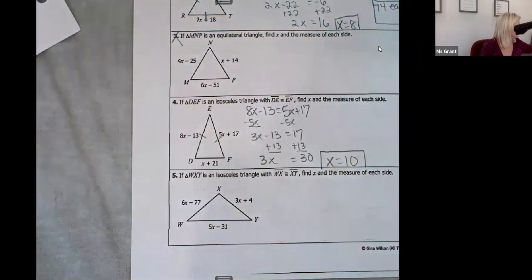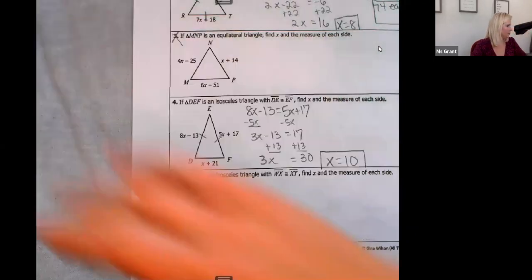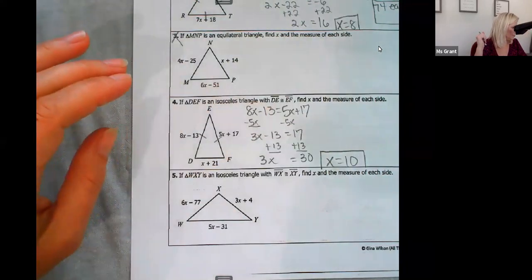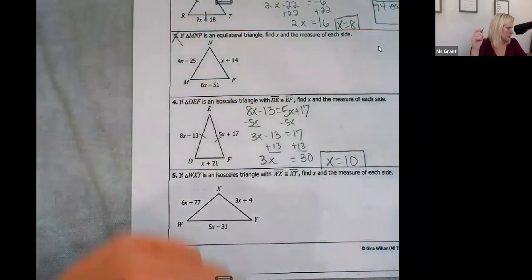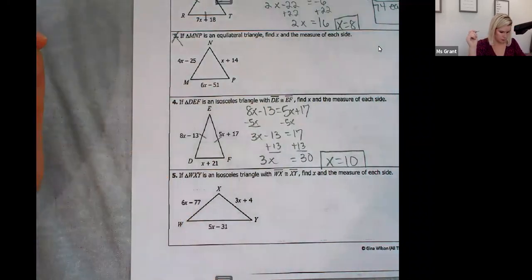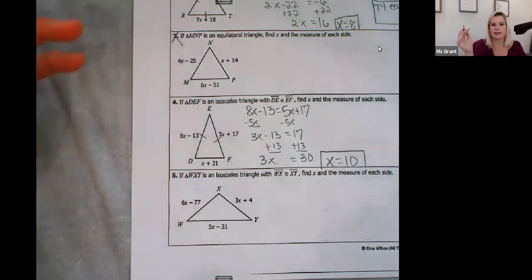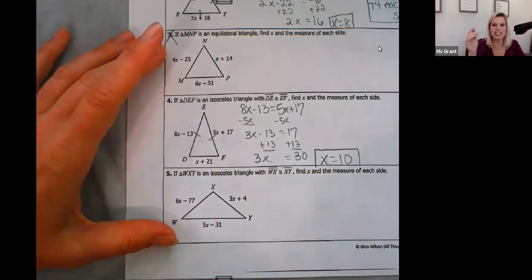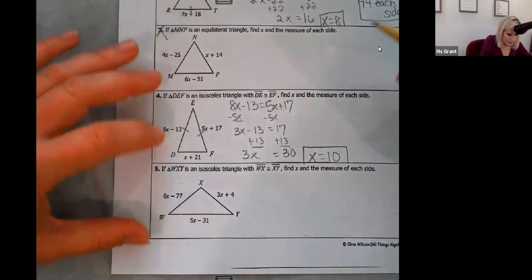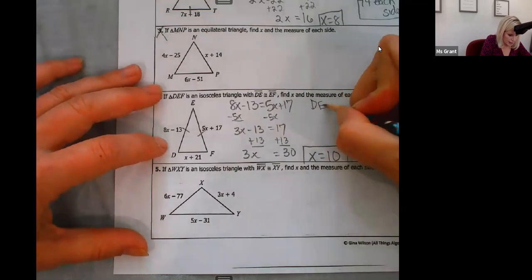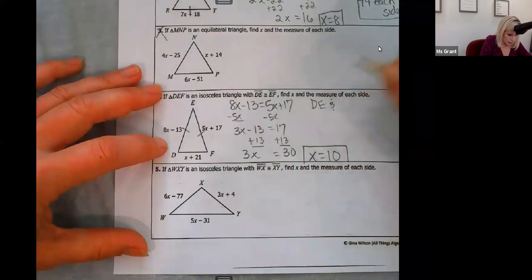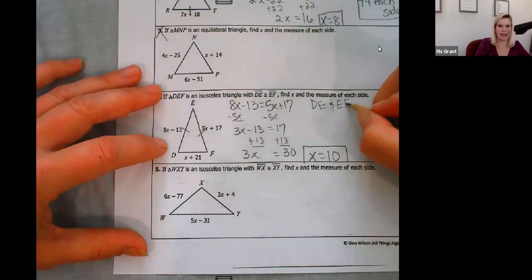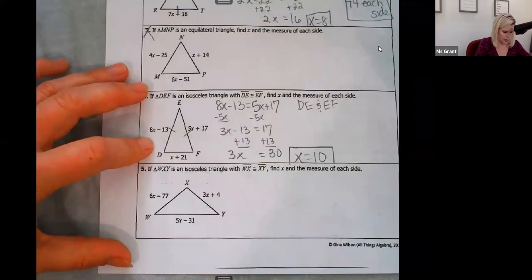Then, if x equals 10, then I just have to find the size of each side. So obviously DE and EF are the same. So that one doesn't matter.